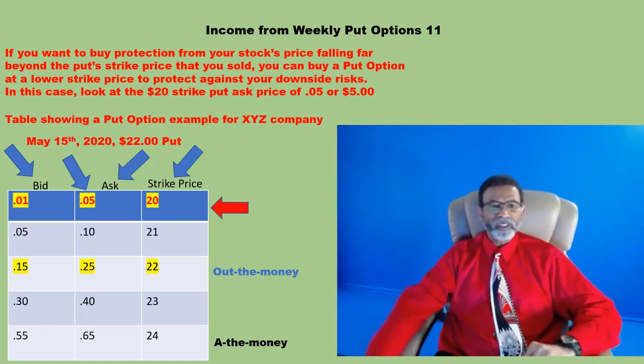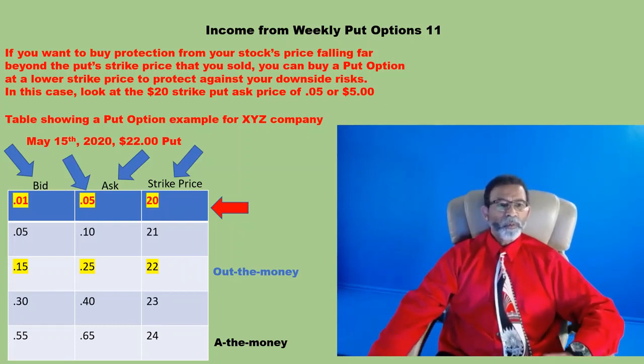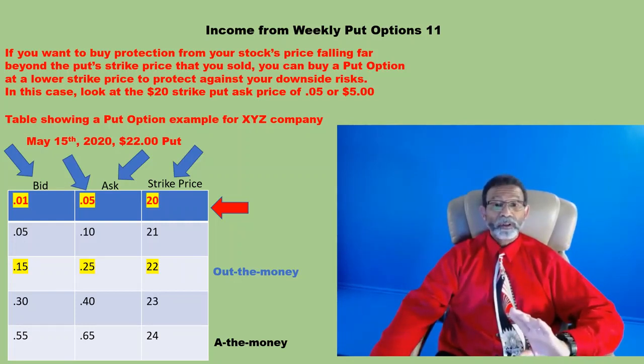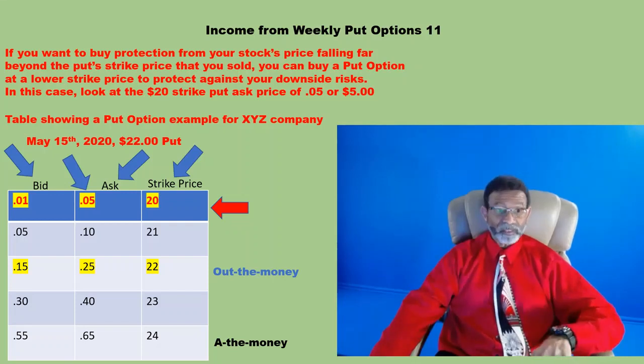So let's go through this example very carefully. If you want to buy protection from your stock's price falling far beyond the put strike price that you sold, you can buy a put option at a lower strike price to protect against your downside risk.